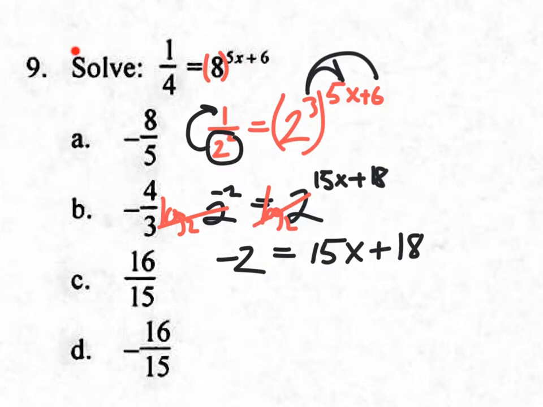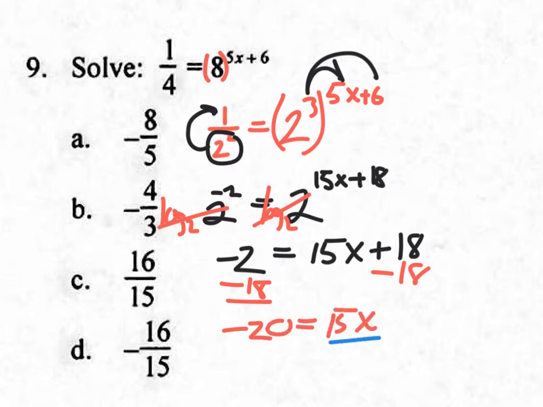And of course we go back to the original instruction here of solving. We need to get x by itself on one side. So I'm going to subtract 18, we're going to end up with negative 20 equals 15x.